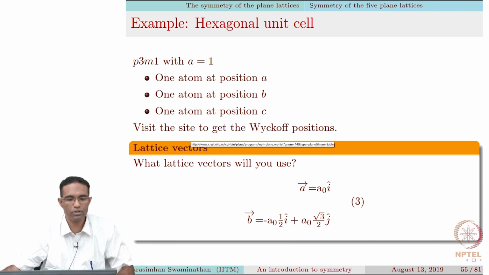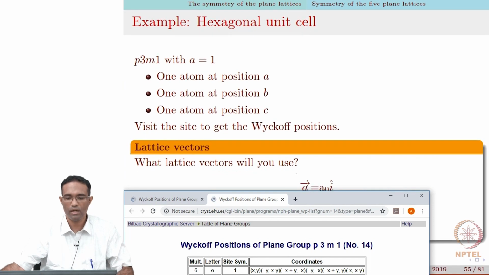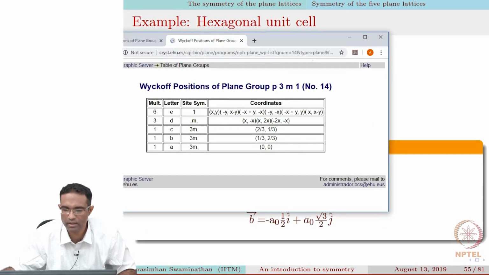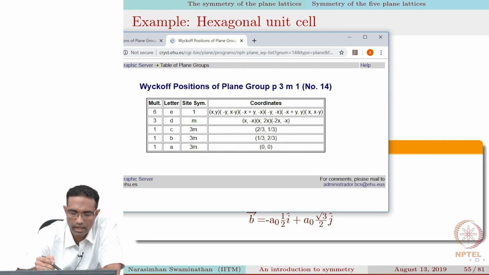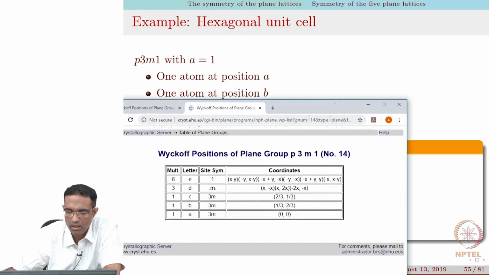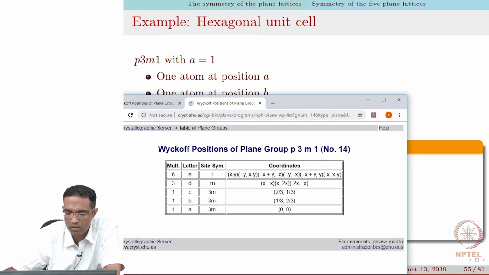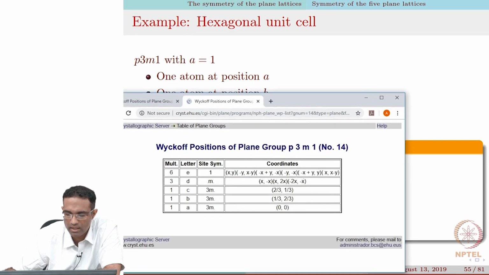First, as usual, the corresponding website right here, P3M1, and it tells you, again it starts from A to E, that the general point x comma y generates 6 additional atoms within the unit cell. An atom at B generates 1 and another atom at C generates 1. 2 by 3, 1 by 3, 1 by 3, 2 by 3.